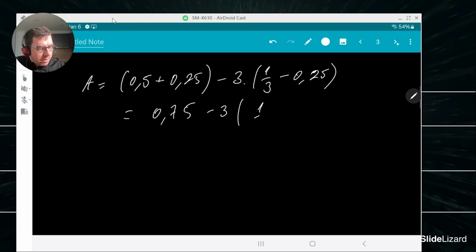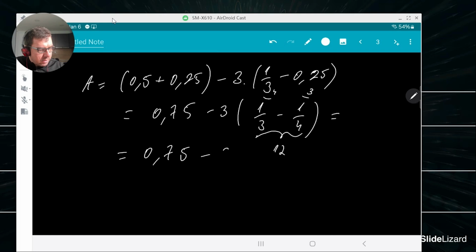So 1/3 minus, now 0.25 I can present as a regular fraction. This is 1/4. Okay, so if I find the common denominator here, which is 12, I expand by 4, I expand by 3, so I get 0.75 minus 3 times 4 minus 3, which is 1 over 12. 1/12.